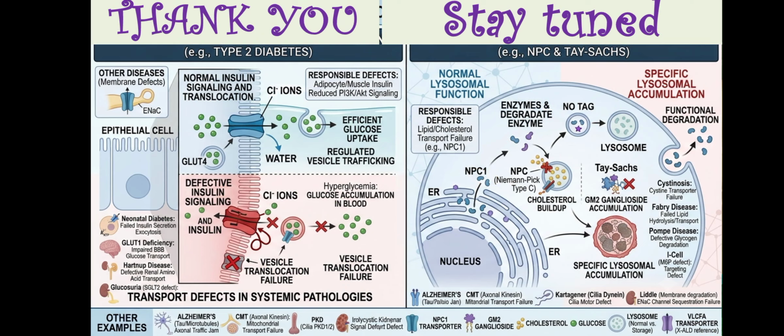In diabetes type 2 there is a defect in the ion channel. And in Tay-Sachs there is a lysosomal defect in a certain channel protein. There are other examples, like Alzheimer's, and so on. The list goes on and on, isn't it?